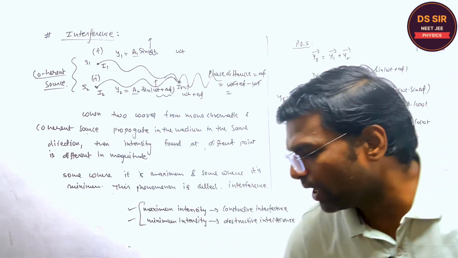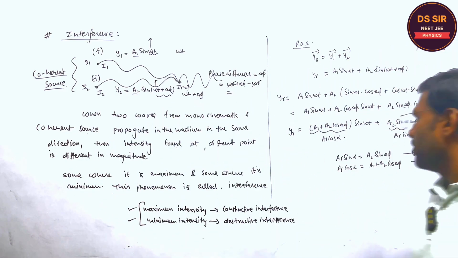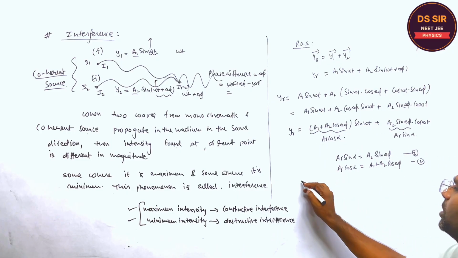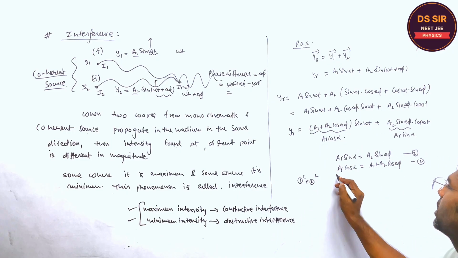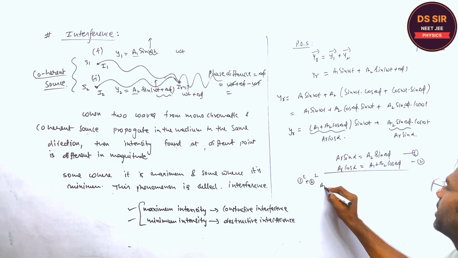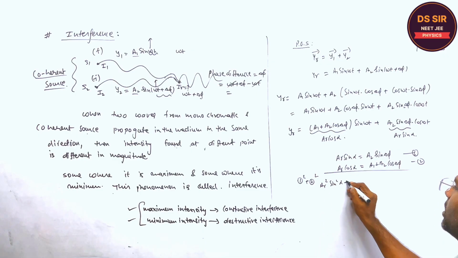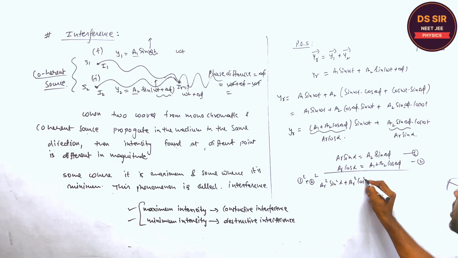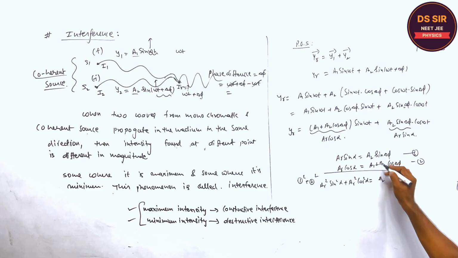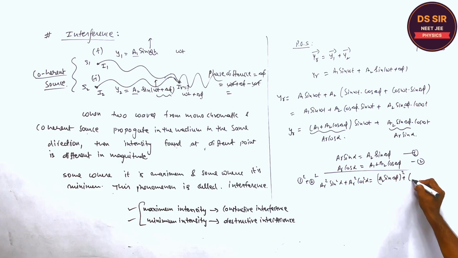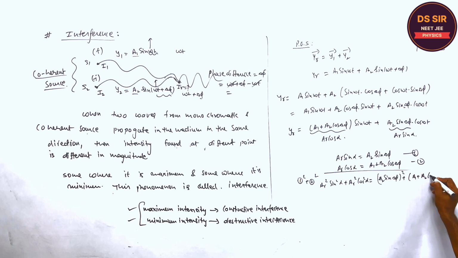Now we have to find the resultant amplitude. Equation 1 square plus equation 2 square. If you square and add them, AR square sine square alpha plus AR square cos square alpha equals A2 sine delta phi whole square plus A1 plus A2 cos delta phi whole square.